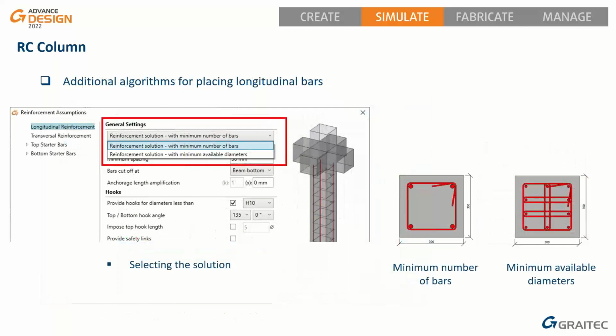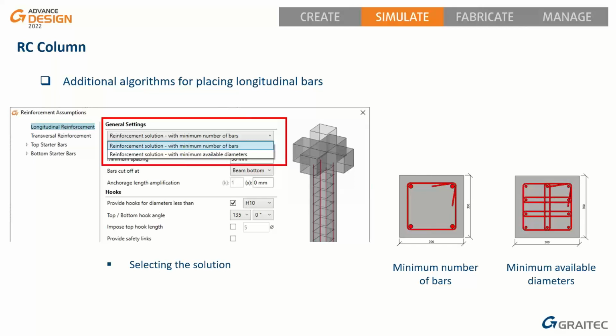But I will also tell you about other improvements related to columns, something similar to beams. Now there is another method for defining longitudinal bars. We can select the current one, where the minimum available diameters are used and the number of bars is driven by the default spacing values.